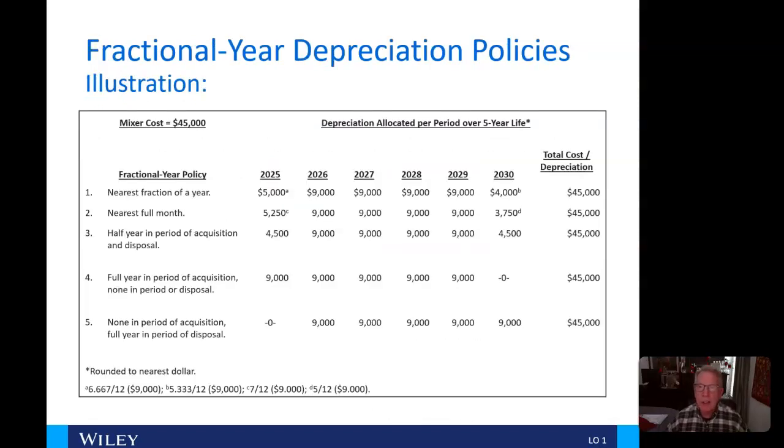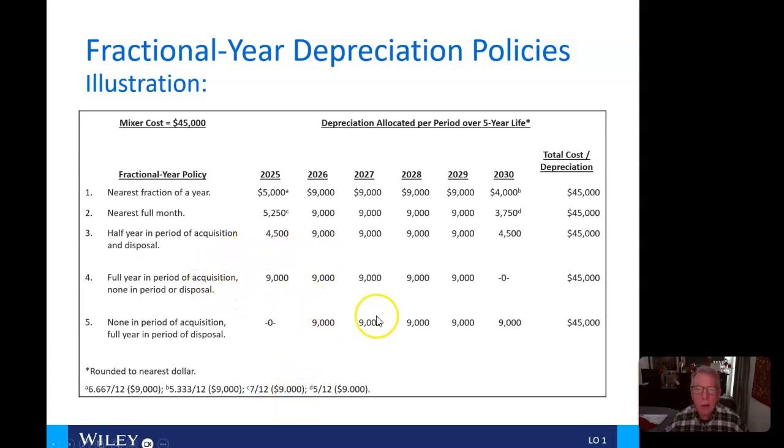Okay, so for the fractional year depreciation policies, we're showing an illustration of that, and our total depreciation cost was $45,000 here. So our nearest full month is going to be $5,250, and that's calculated by taking 7/12 of $9,000.